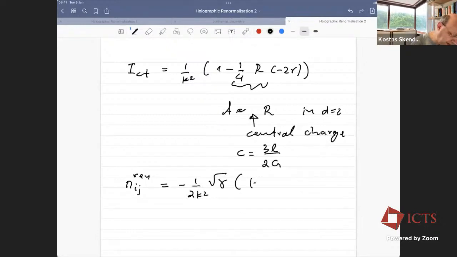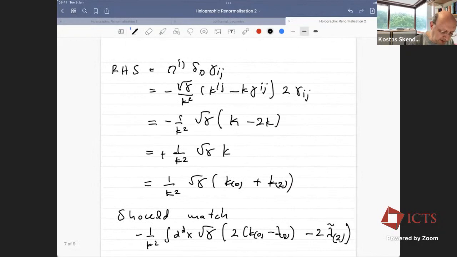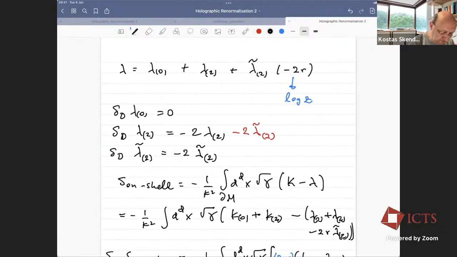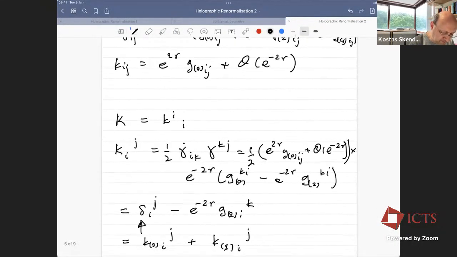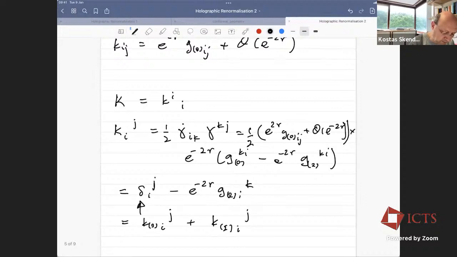So that will be K2 gamma_ij minus K2_ij. And if you insert, so we just computed K2, it's R. K2_ij, we computed earlier over here.